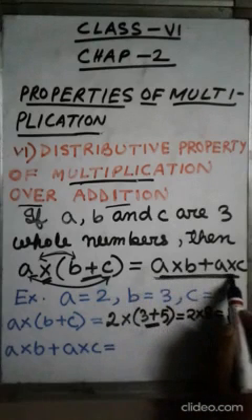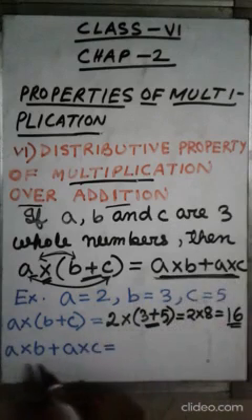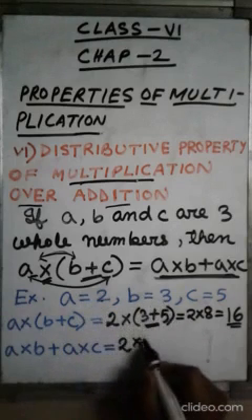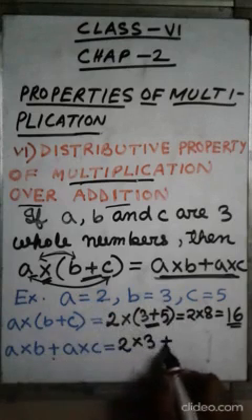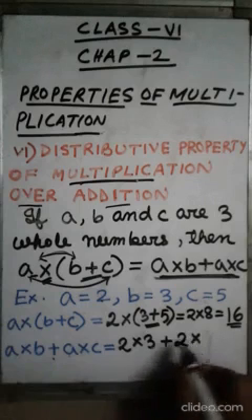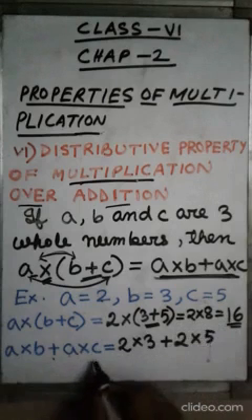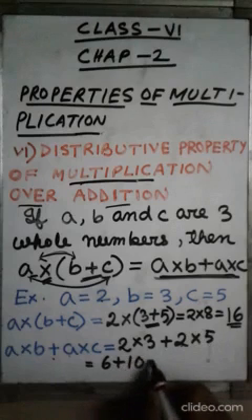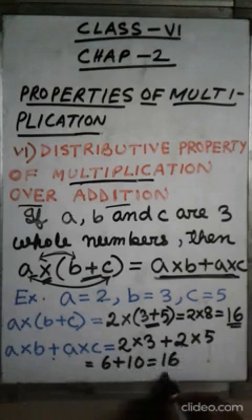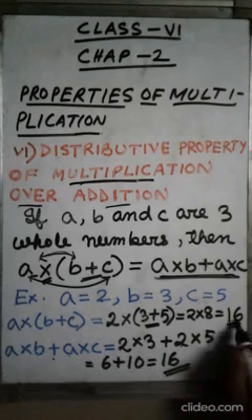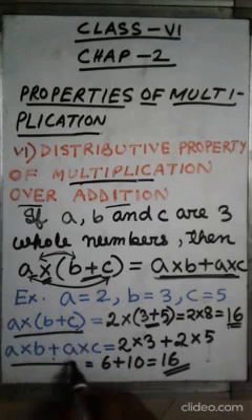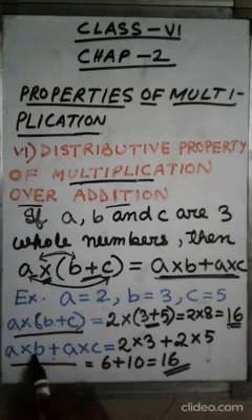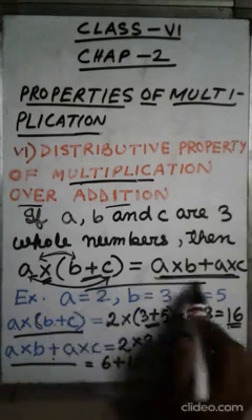The right hand side we have to check what value we get. A into B is 2 into 3 plus 2 into 5, equal to 6 plus 10, which is 16. So 16 and 16 are equal. Therefore this is equal to this. That means A into within bracket B plus C is equal to A into B plus A into C.